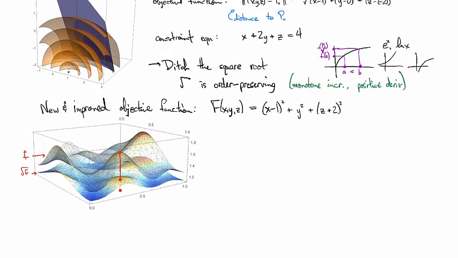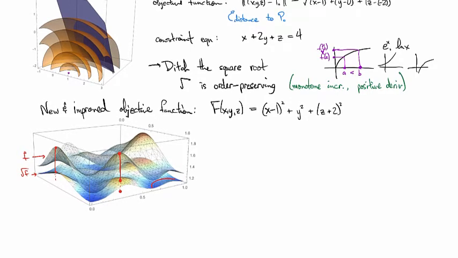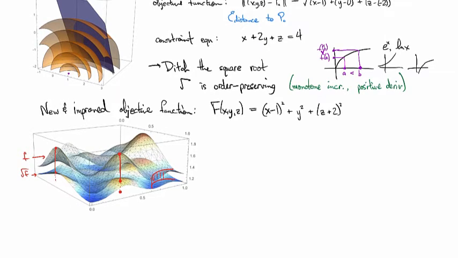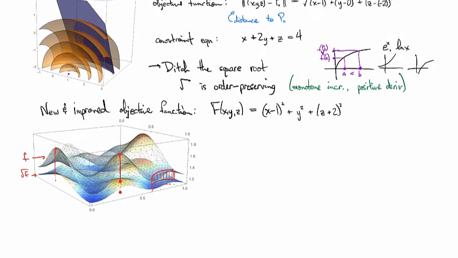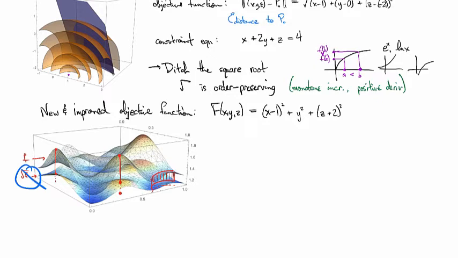But those maxes and those mins, let's see, maybe this whole region right here is a min, and this whole region right here is a min, but they occur directly above one another. In other words, they correspond to the same points in the domain. So we can just say, hey, this guy is ugly to deal with, so forget you.